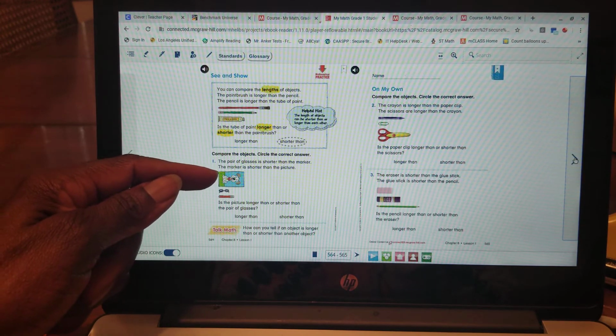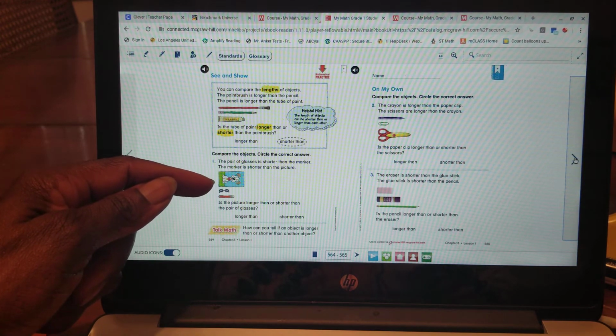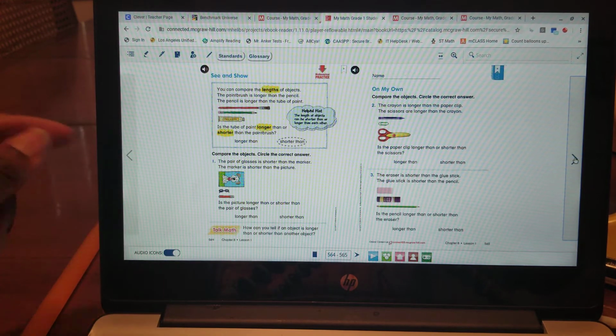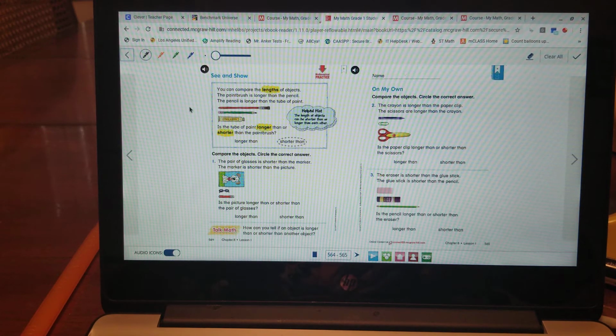We're comparing the picture and the pair of glasses. The picture is longer than. So we would circle longer. And here, up here is my pen. Longer than.